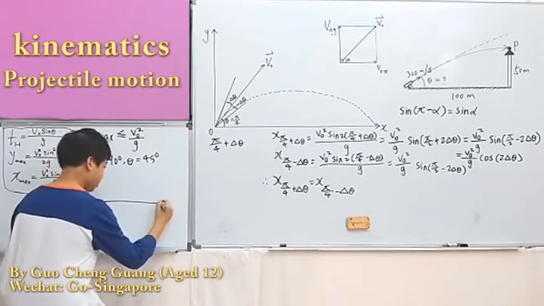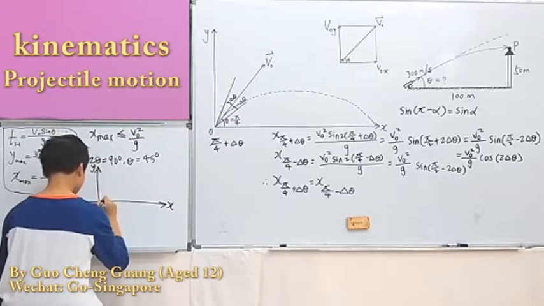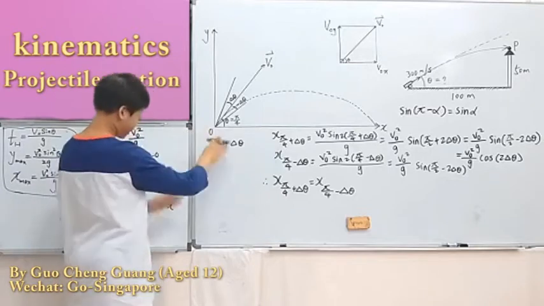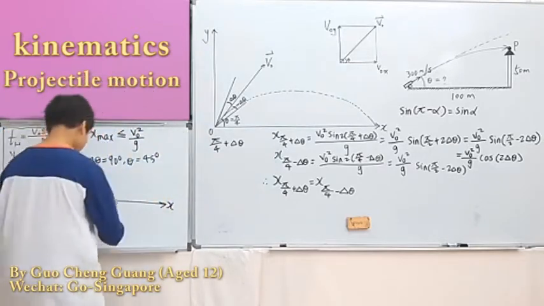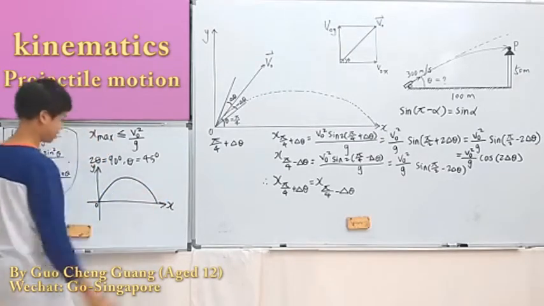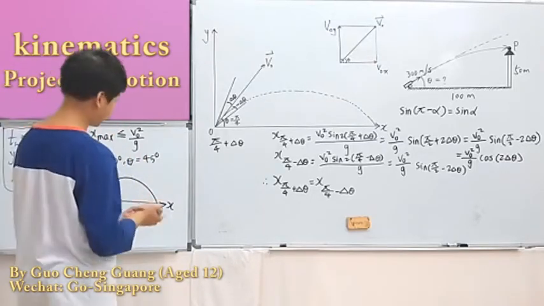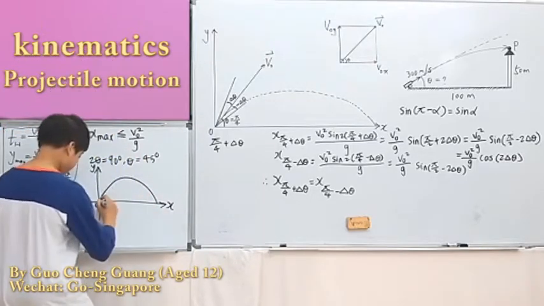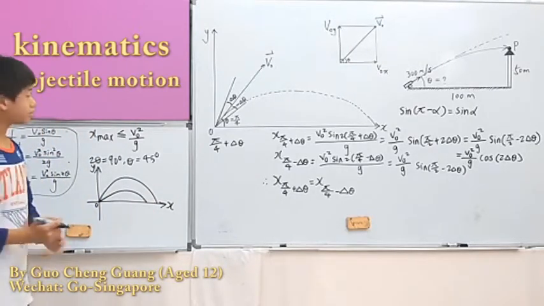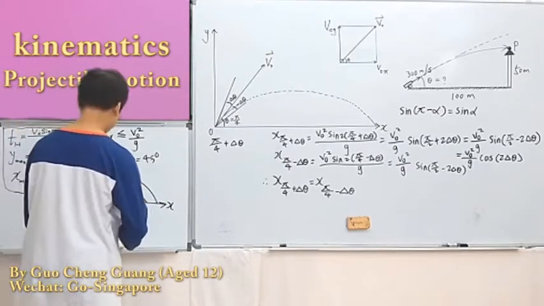For these three projections, the first is at an angle of 45 degrees, so you can go like this. Then 45 degrees subtract delta theta, and it goes like this, maybe. Then higher, at 45 degrees add delta theta.